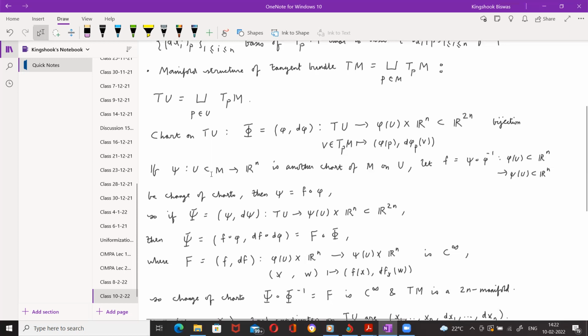So little psi will give me a map capital Psi, just the way that little phi gave me a map capital Phi. And what I want to check is that the change of charts between capital Psi and capital Phi is C infinity. All right.